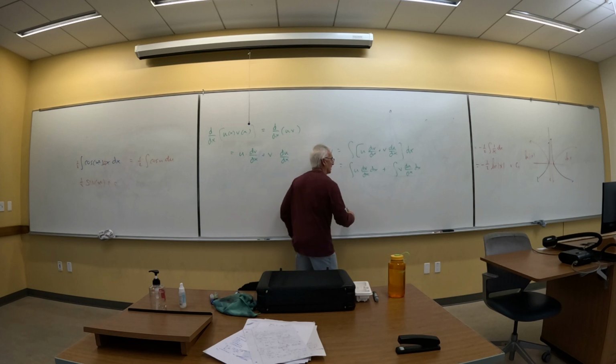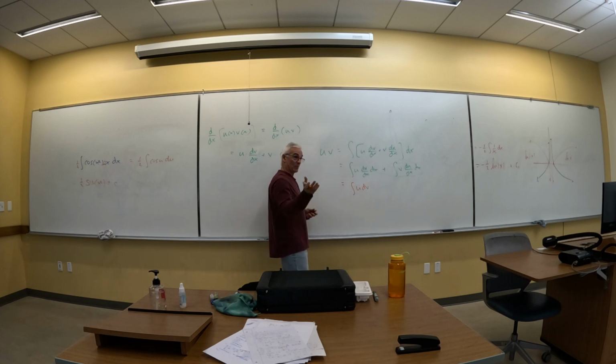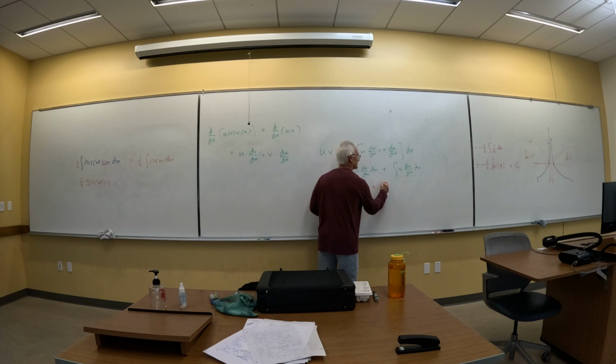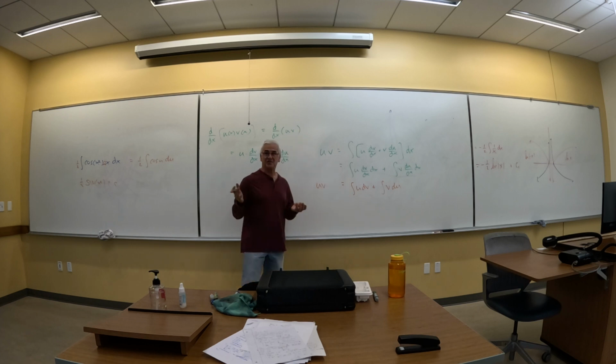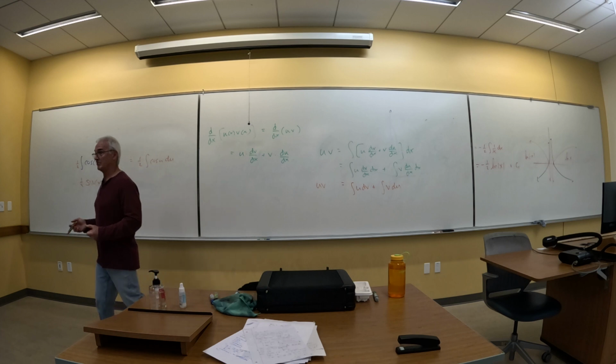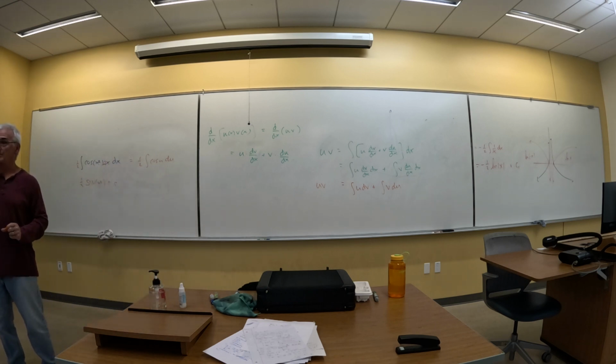But wait a minute. I've got the u dv. Oh, I know what to do. Isn't that just u dv, based on what we learned in substitution, plus what's over here, v du? This is simply the product rule in reverse. There's no question about it. This is the product rule in reverse.